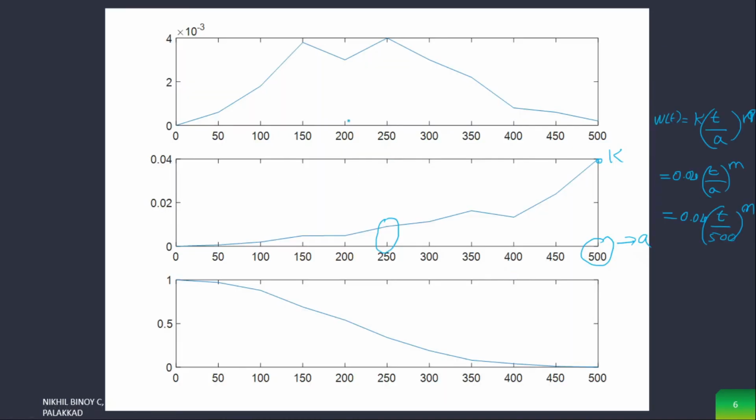Corresponding to t equal to 250, 0.04 into (t by 500) raised to m must be equal to 0.009.